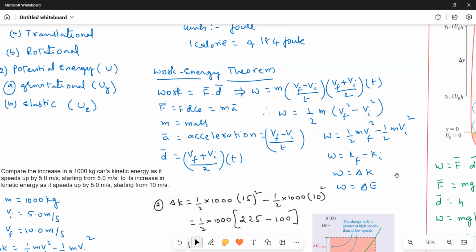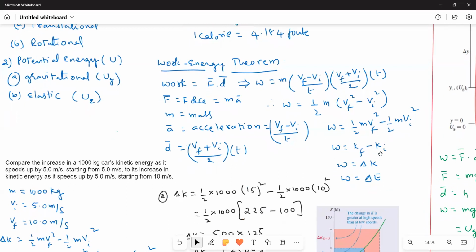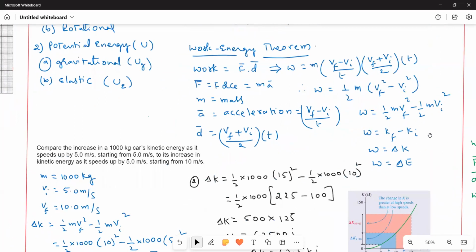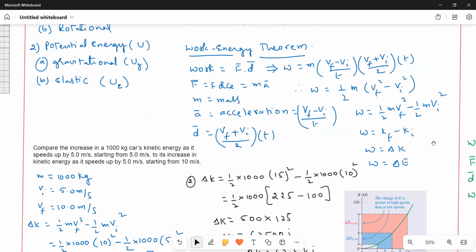Now, if work done is equal to change in energy, then the change depends on the initial value of the velocity and the final value of the velocity, because the mass remains constant and we can't change the mass. So the velocity changes, and the increase or decrease in kinetic energy mainly depends on the initial velocity and the final velocity.